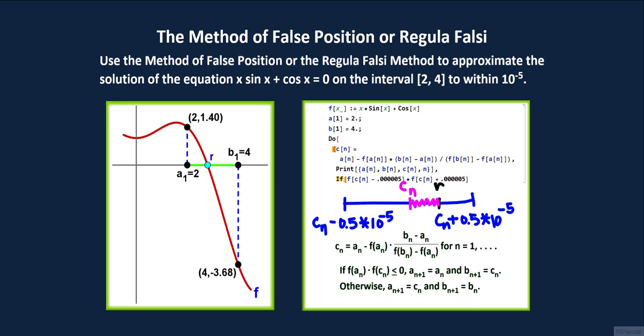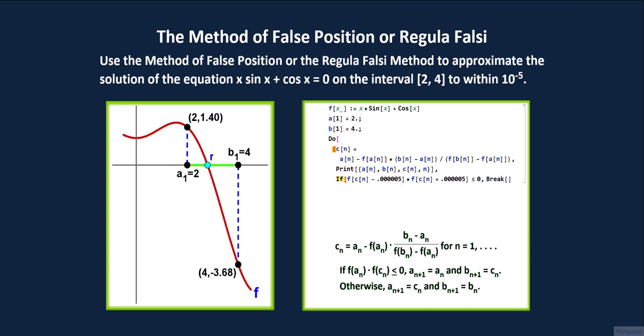Therefore, we change the inequality from a less than inequality to a less than or equal to inequality. If this inequality is true, we want the calculation to stop, and we break out of the do loop. If the inequality is false, then we do nothing to stop the calculation.